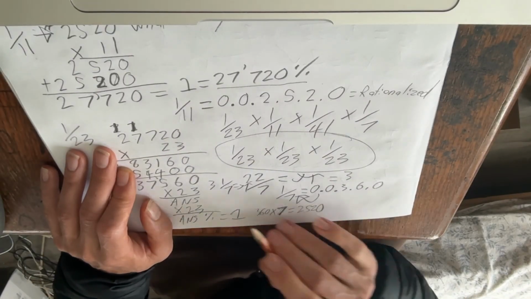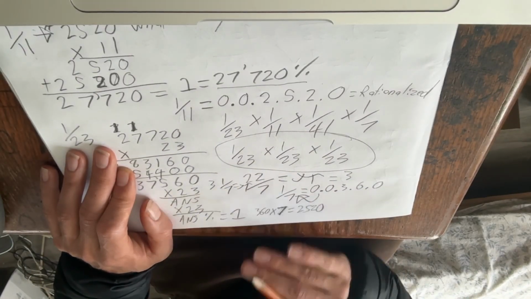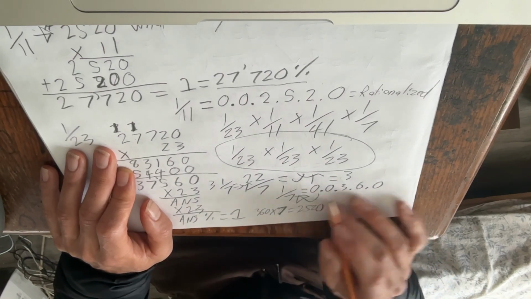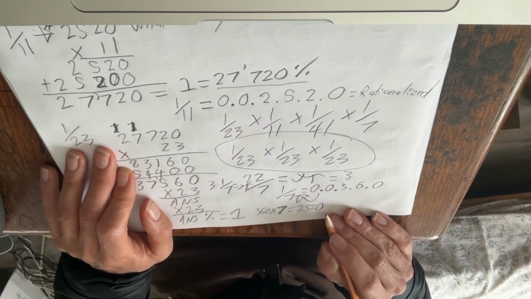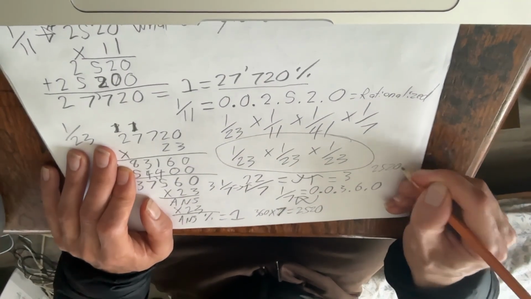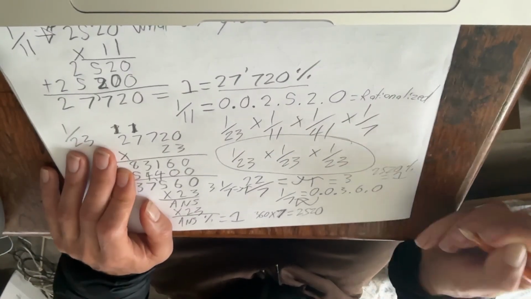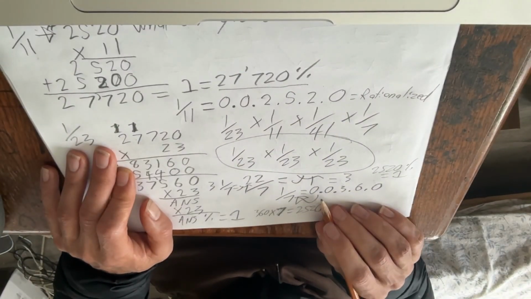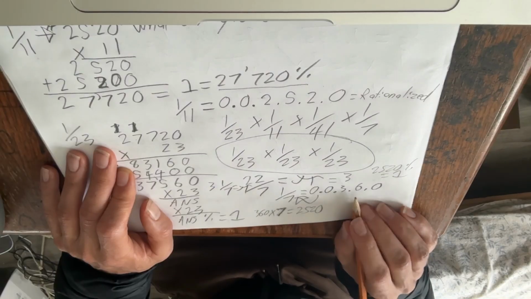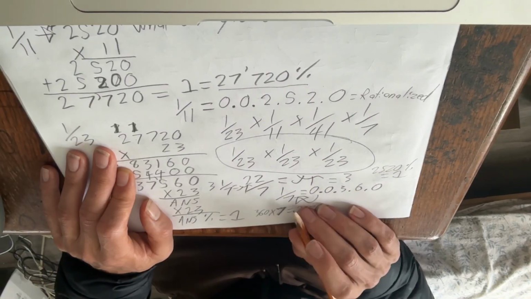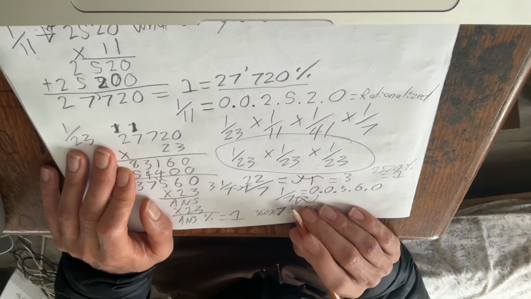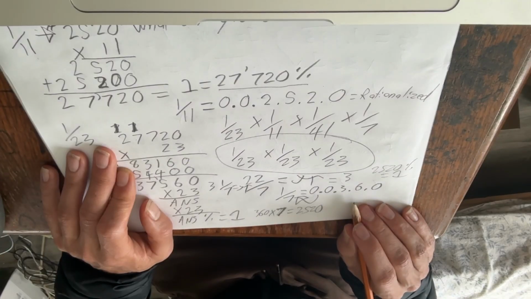If I'm only remaining with really the 1 over the 7 that I can't represent, but I amend the system with the understanding that 2,520 becomes the total percentage that equals 1, then 0 decimal 0 decimal 3 decimal 6 decimal 0 allows me to represent my remaining fraction as an absolute definitive number.